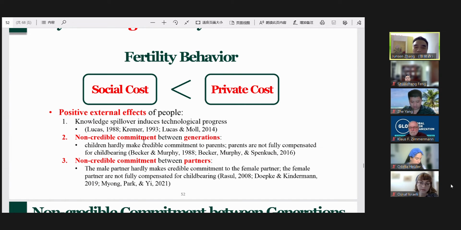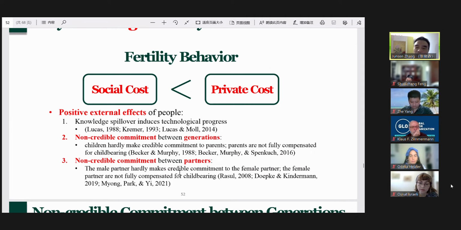And number two, other than the first reason for positive externality, is non-credible commitment between the husband and the wife. That is because the family childbearing burden largely falls on the females, on the mother, and the husband cannot make credible commitment to the female partner. So the female partner is not fully compensated for childbearing.